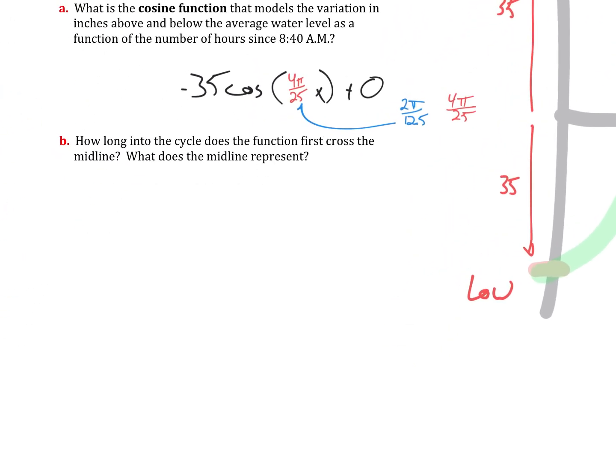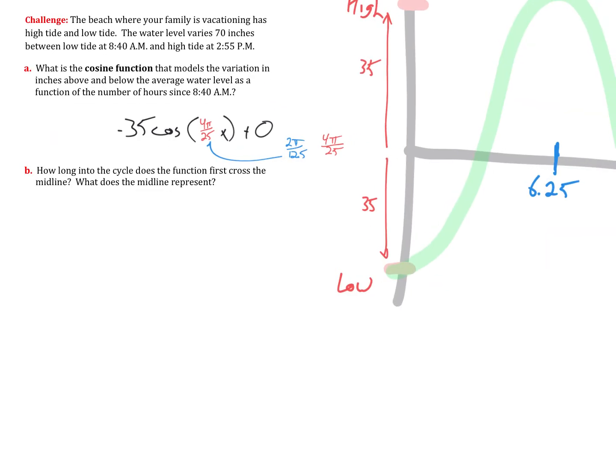Part B, how long into the cycle does the function first cross the midline? What does that midline represent? So they're asking me, how long does it take to get to that spot right there? Well, that's just half of 6.25. So half of 6.25 would be 3.125 hours.